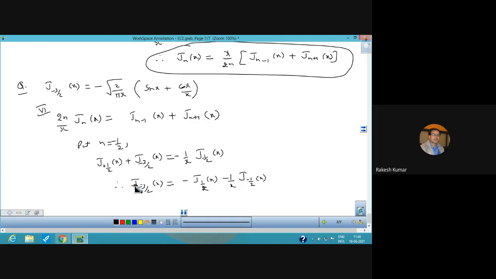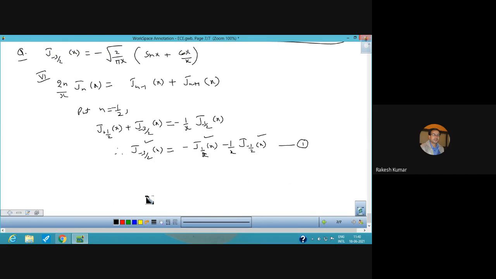Now अब देखिए, अगर हम ये वैल्यू फाइंड करना चाहते हैं J माइनस 3 बाय 2, तो हमें J 1 बाय 2 x चाहिए और J माइनस 1 बाय 2 चाहिए. सो इसको नंबर 1 दे करके अब हमने ये दोनों वैल्यूज फाइंड करनी है. J 1 बाय 2 भी करना है, J माइनस 1 बाय 2 भी करना है.